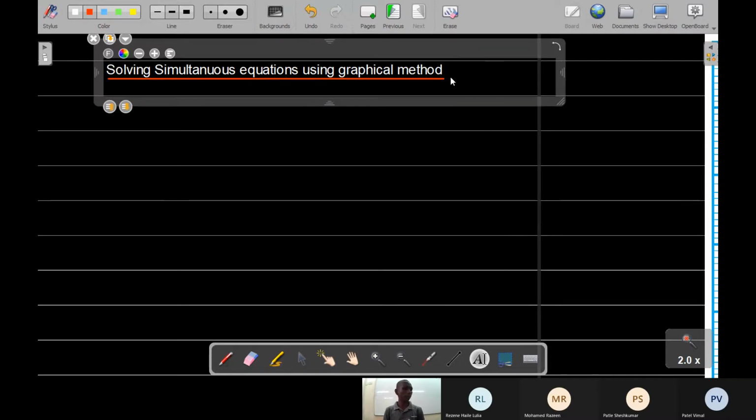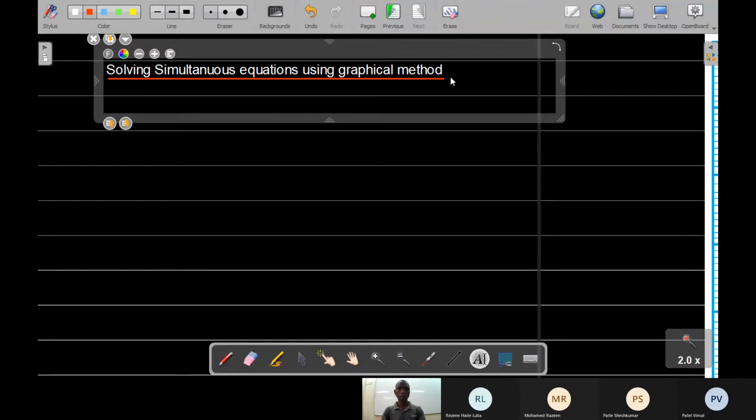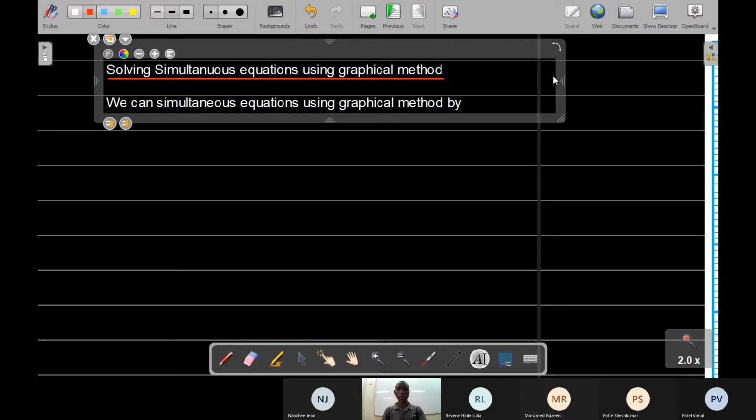So I think here we can say, on a paragraph, that we can solve simultaneous equations using the graphical method by following the steps below.